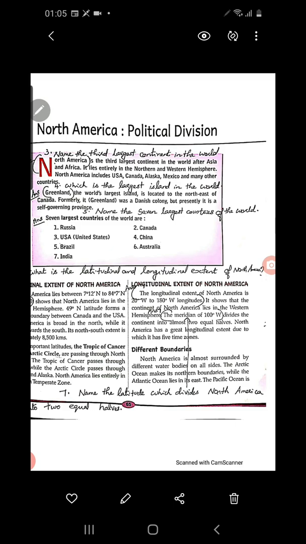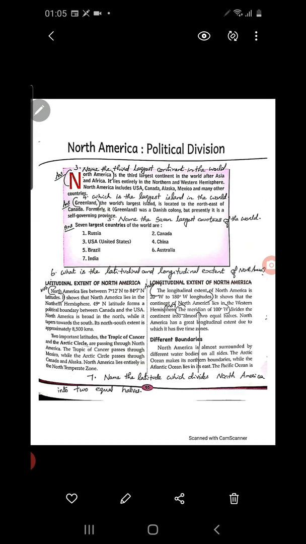It is 70 degree 20 minutes north to 84 degree 7 minutes north, and longitudinal extent is 20 degree west to 180 degree west longitude. Then name the longitude which divides North America into two equal halves. Which is that? 100 degree west is dividing North America into two equal halves.